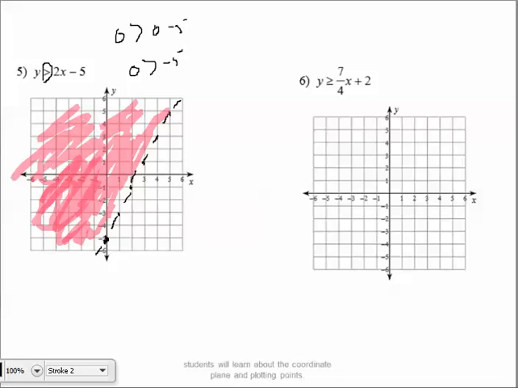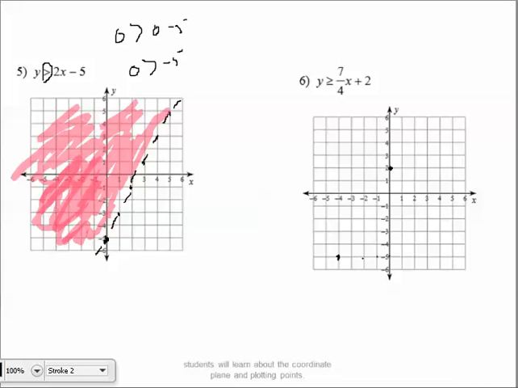Okay? Number 6 here. It is a greater than or equal to sign, so we will be able to use the line this time. So we're going to start at 2. We'll go down 7 and to the left 4: 1, 2, 3, 4. Now, I'm not trying to confuse you here, but I can't go up 7 because I run out of space.